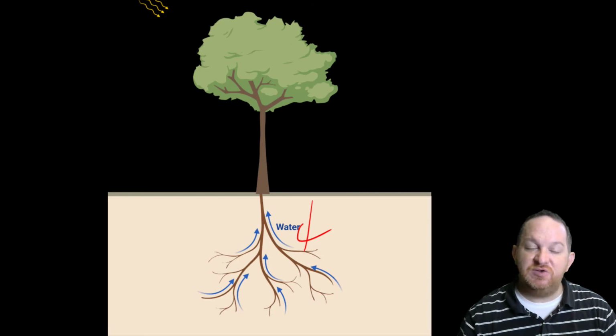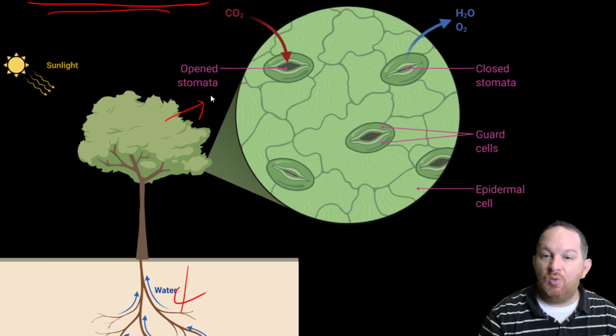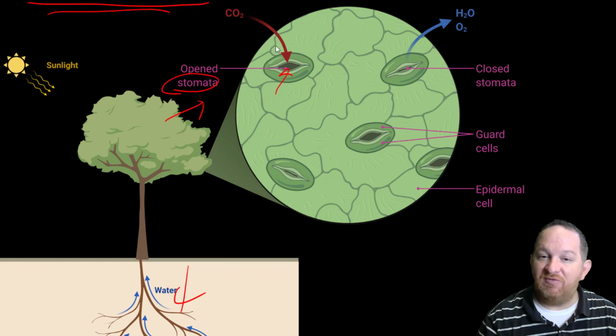So if we sort of zoom in a bit to some of the leaves here, what you'll notice is that if you look at a leaf, it's got these tiny openings called stomata. And these stomata allow things in and out of the plant. CO2 obviously can go in, right? Oxygen, water might want to go out.